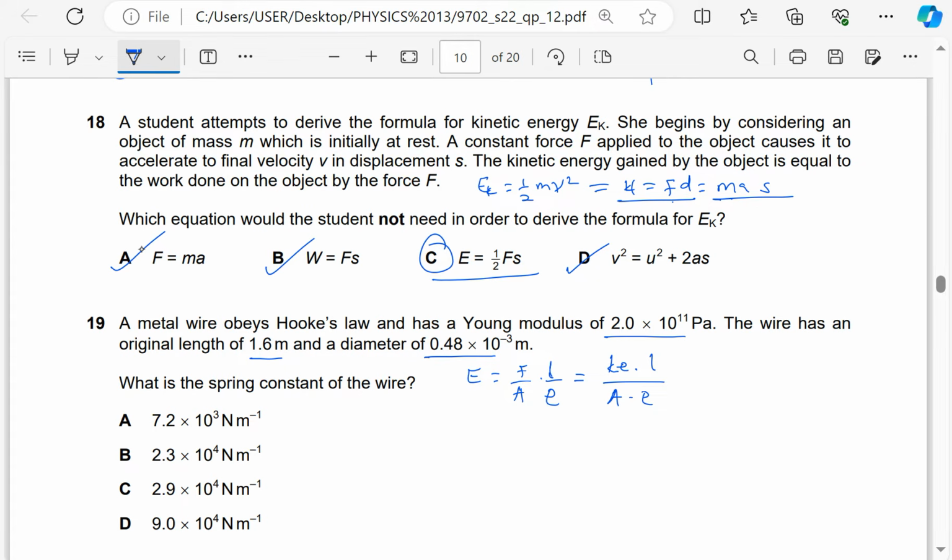They have given us the original length, and we have the diameter, we have the Young modulus. Remember, area is equal to pi d squared over 4. That will be the area.